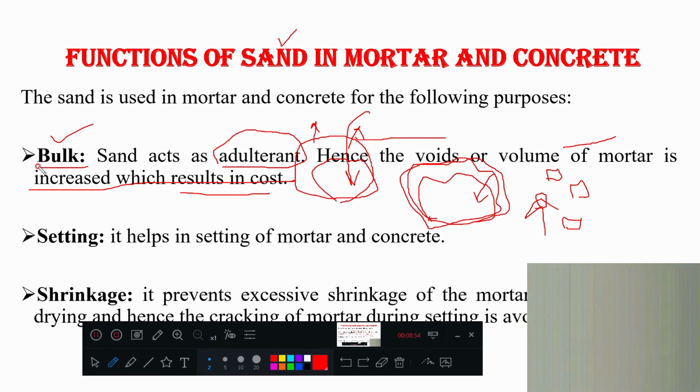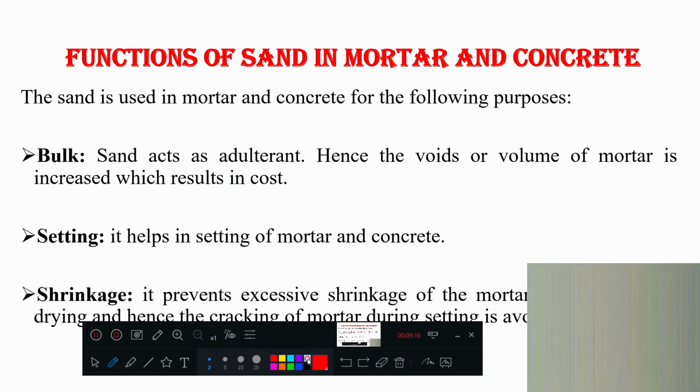So bulkage means you are getting somewhat extra quantity in volume by adding sand. It will give bulkage to the given mortar or concrete. That is the function of sand. One is bulking, bulk.